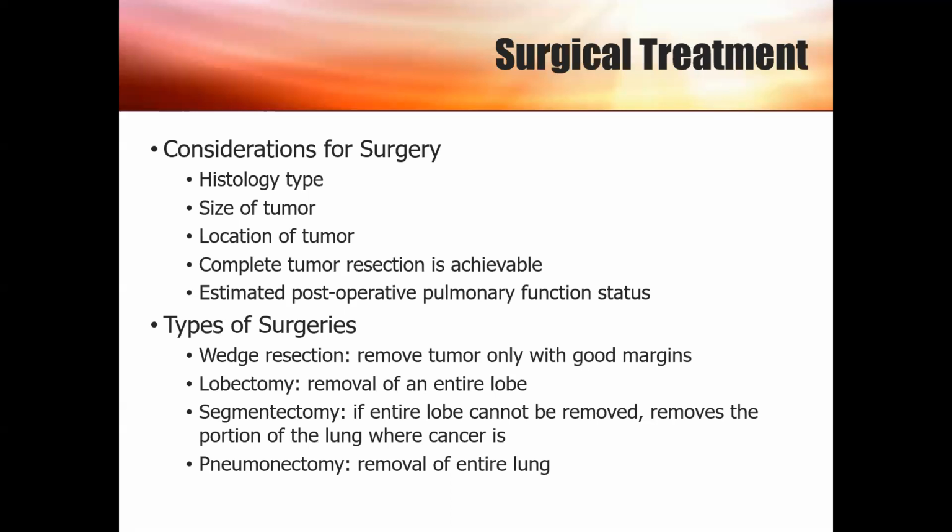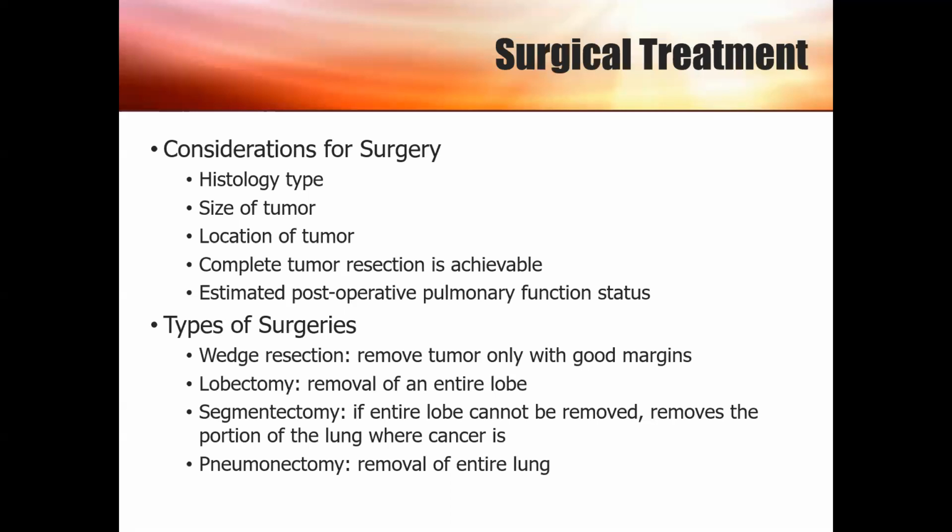Types of surgery for lung cancer include a wedge resection, where only the tumor is removed with a good margin around it. A lobectomy is where the entire lobe where the tumor is located is removed. So if the tumor is in the upper lobe, then the whole upper lobe of that lung would be removed. That's a lobectomy.